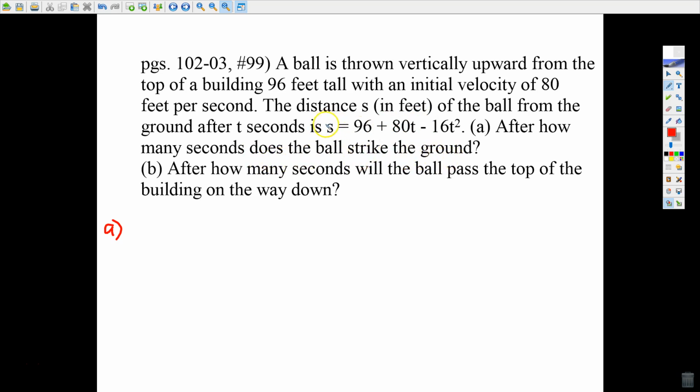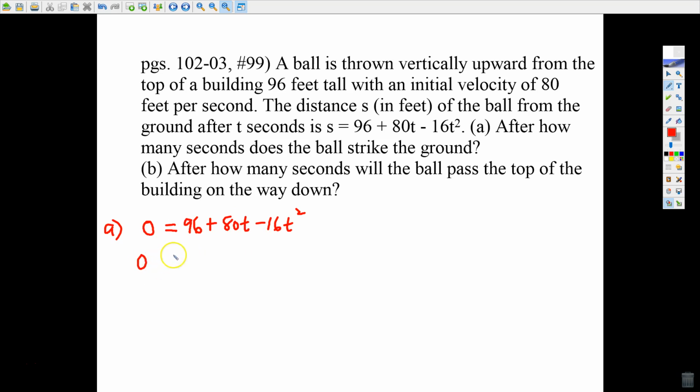Well, if s represents distance from the ground in feet, and we're told that it does, when the ball strikes the ground, it's 0 feet above ground. So I can replace s with 0 and solve for t, and I will know exactly how many seconds it takes for the ball to hit the ground.